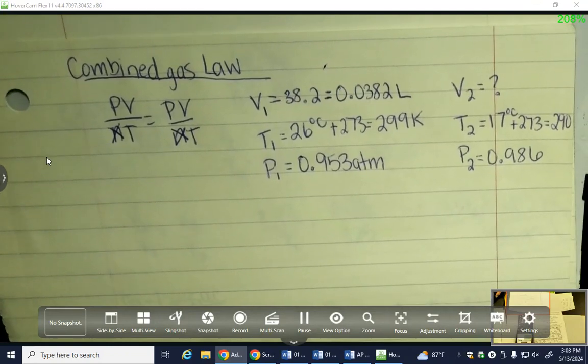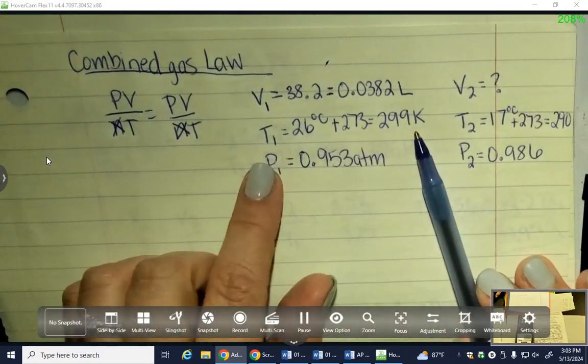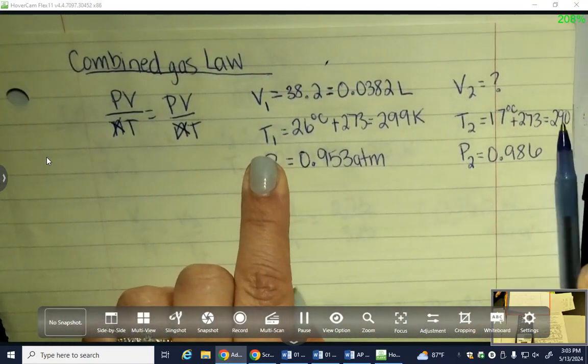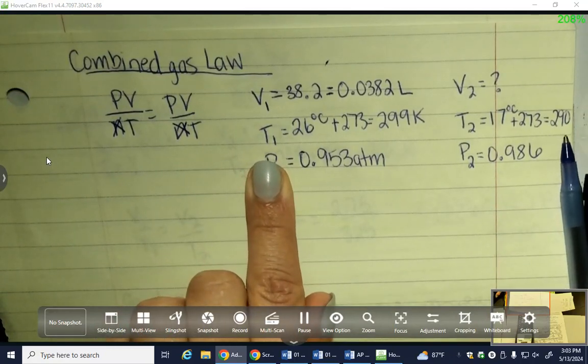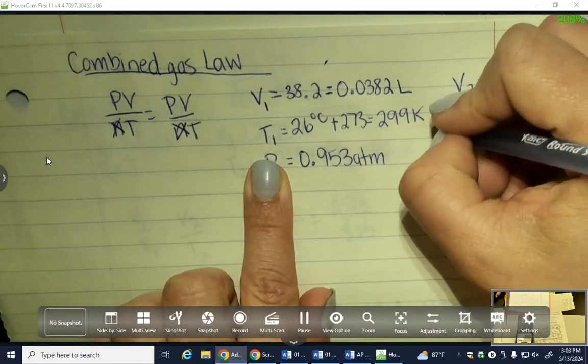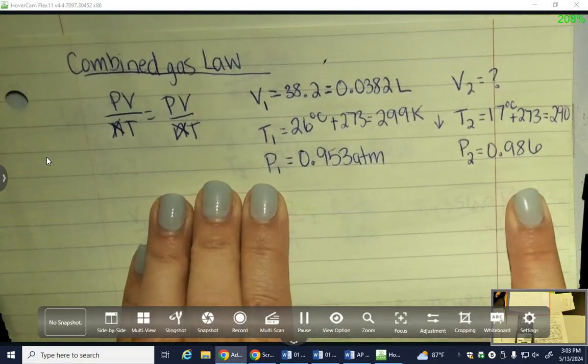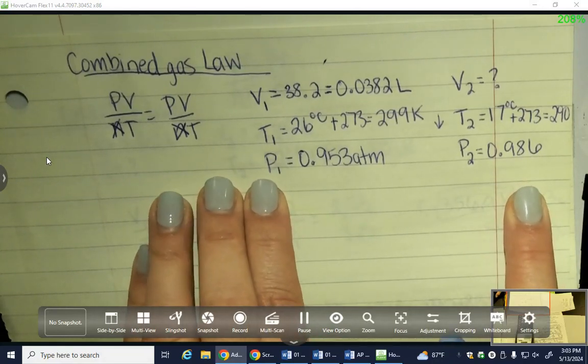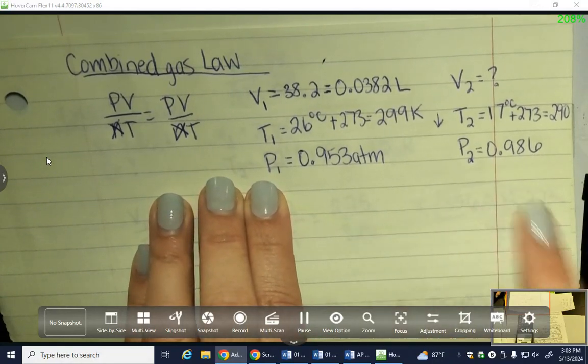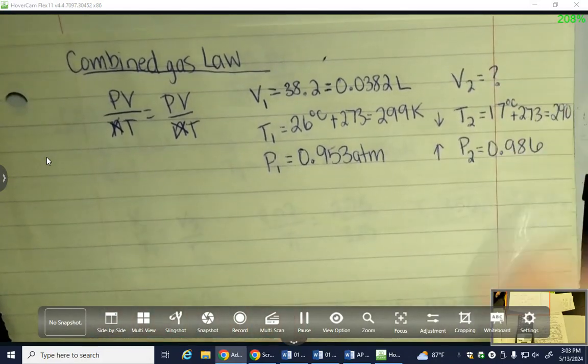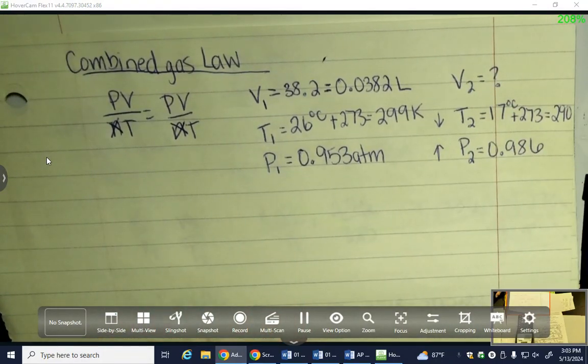All right, so real quick, what's happening to temperature? Temperature is going down. What's happening to pressure? It's going up, right? So temperature is going down, pressure is going up. What's volume going to do?